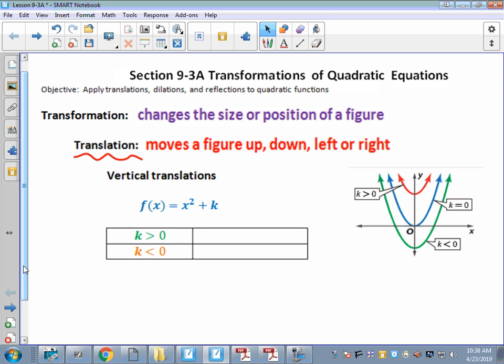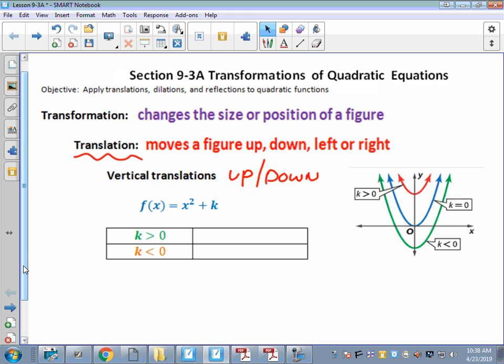The first type we're going to talk about is a vertical translation, which, if you remember, vertical means up and down. So we're going to translate the shape up or down. We're talking about parabolas here, so it's either going to move it up or move it down. We're going to see things in terms of the equation f of x equals x squared plus k.